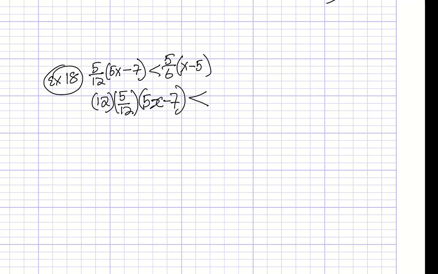You see that? It's less than. We're multiplying with a positive though. And then you multiply the other side with 12. 5 over 6, and then x minus 5. You just want to see what you can do to make it simpler. That's all. So this crosses out, you get 2 here.